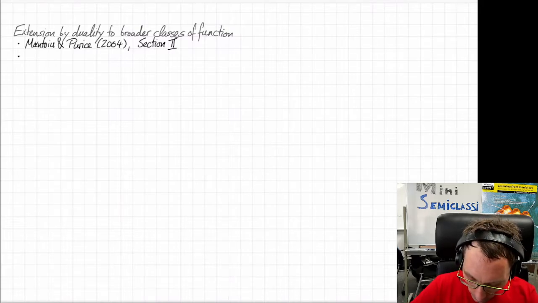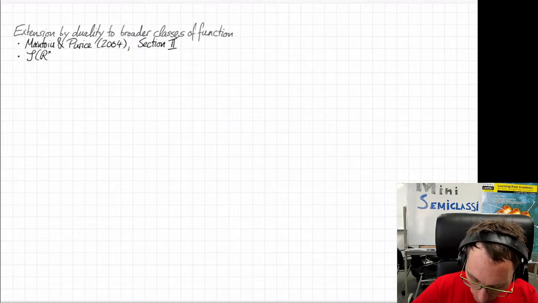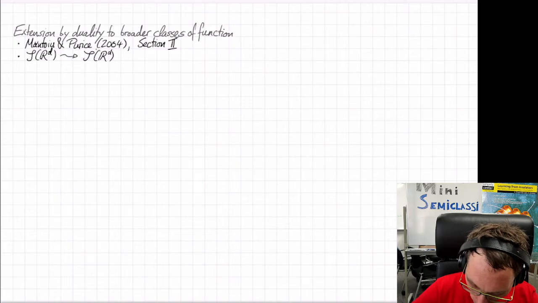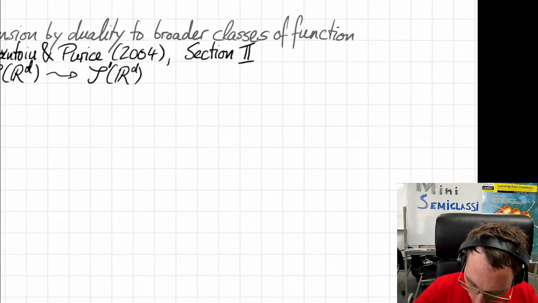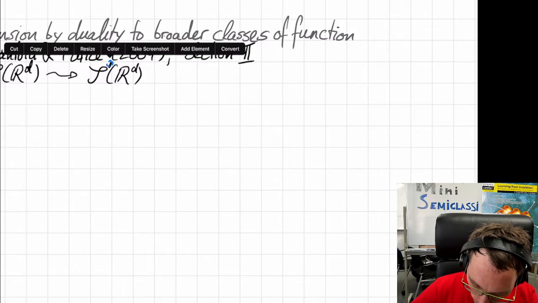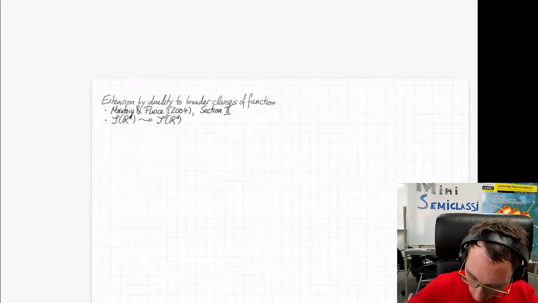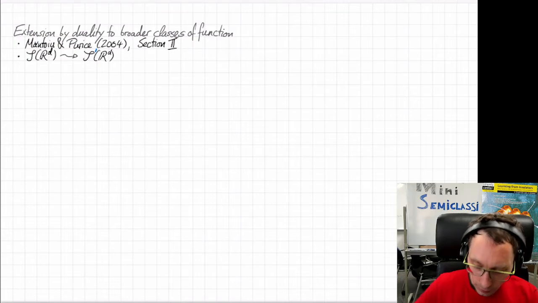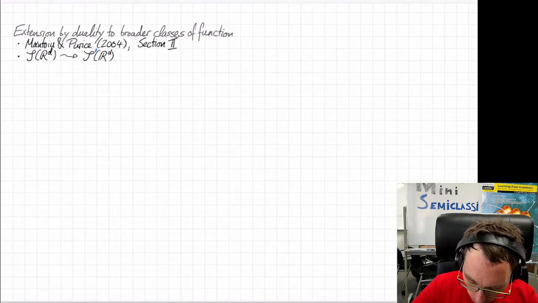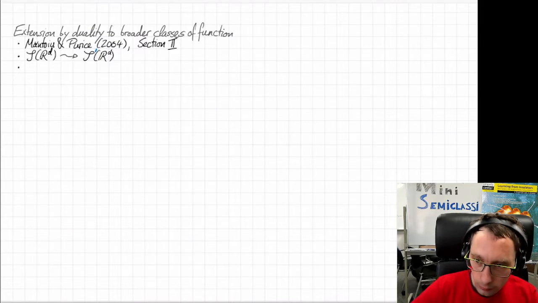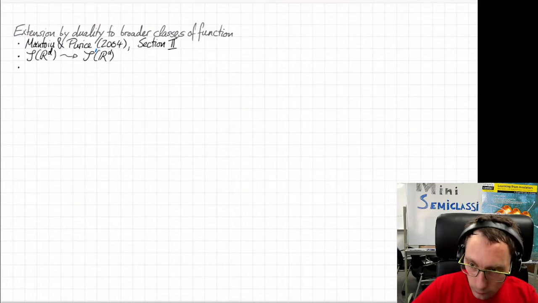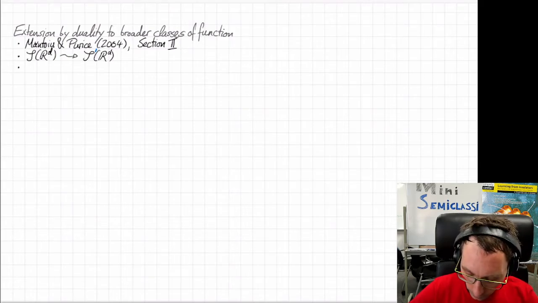So the idea is that you replace Schwartz functions, either on R^d or R^2d, by tempered distributions. Let me emphasize here that I'm talking about tempered distributions, and many functions, and of course also L2 over R^d.